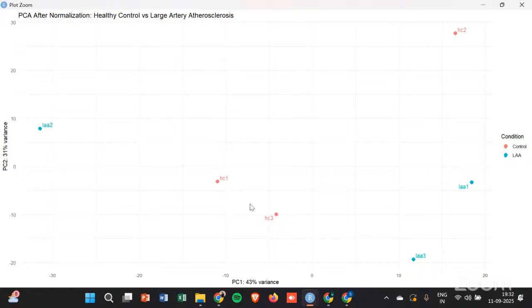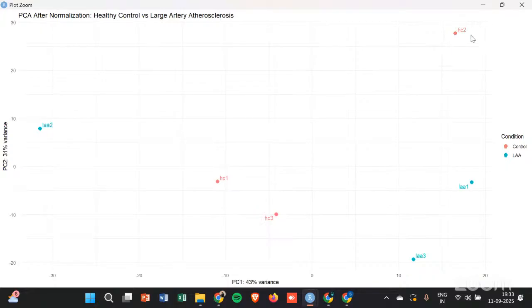Now what I want you to see here is that LA1 and LA3 are pretty close to each other, but LA2 is way far ahead here. Similarly, HC1 and HC3 are pretty close to each other, and HC2 is way out here. So these are probably your outliers.